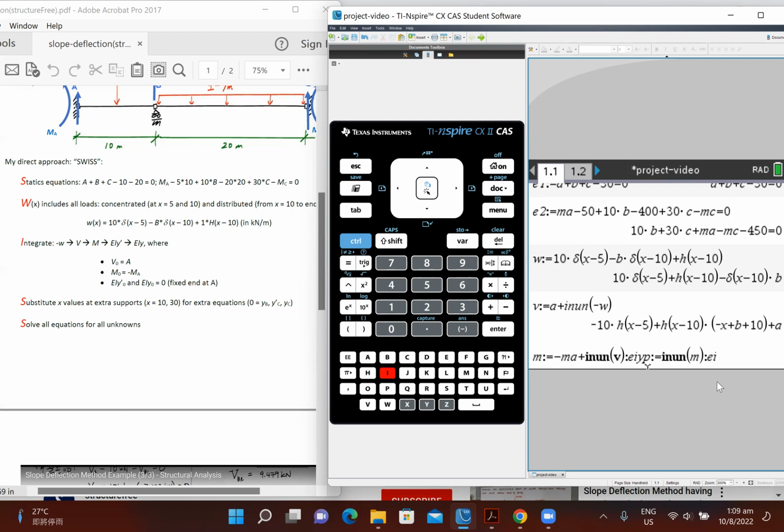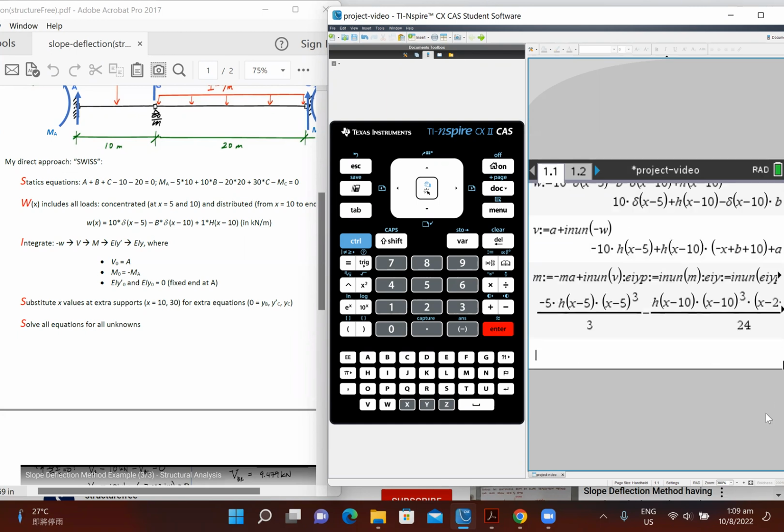EI times Y, the deflection curve, is going to be obtained by integration of EIY prime. In both these two integrals, the constant of integration is 0 by physical arguments that I discussed earlier. So now, since I'm done with the integration, I can go ahead and evaluate some extra boundary conditions.